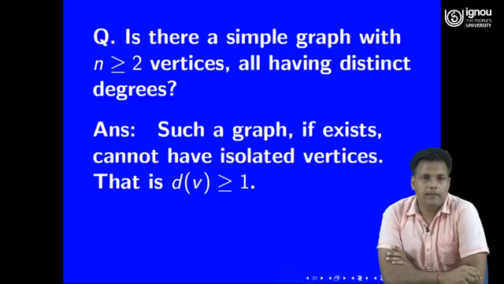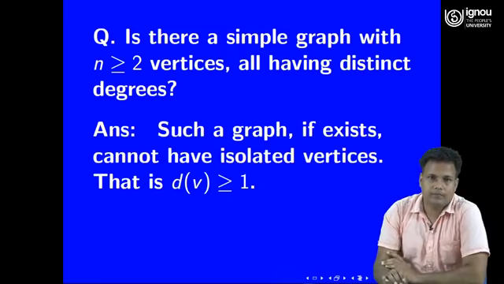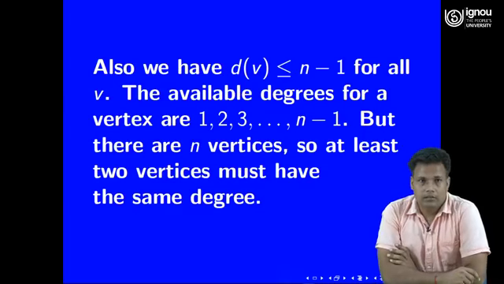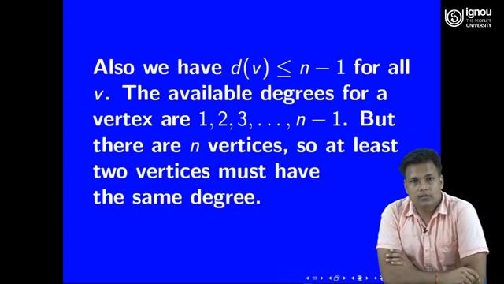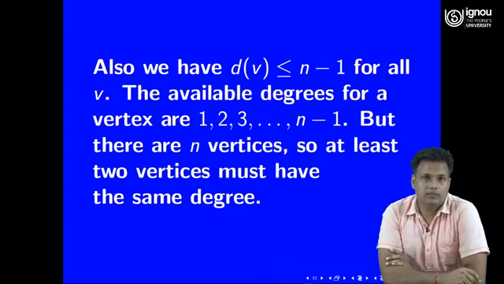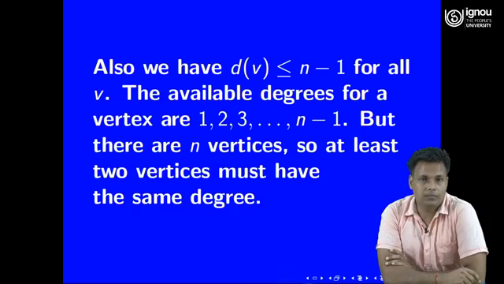Now we have dV greater than or equal to 1 for all vertices. But we also have that dV is less than or equal to n minus 1 for all vertices, because no vertex can be adjacent to more than n minus 1 vertices, as the graph is simple. Apart from the vertex itself, there are n minus 1 vertices it can be adjacent to.